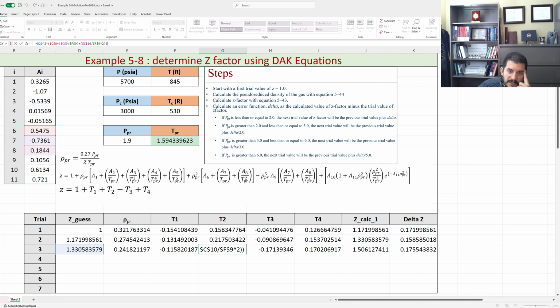Same thing. Density squared, got it, times A7. Okay, now look at this. It says A7. So A7 here is C9. I have it here to be C8, so I messed that one. I used A6 instead of A7.